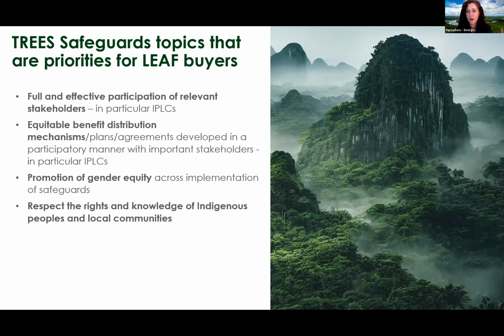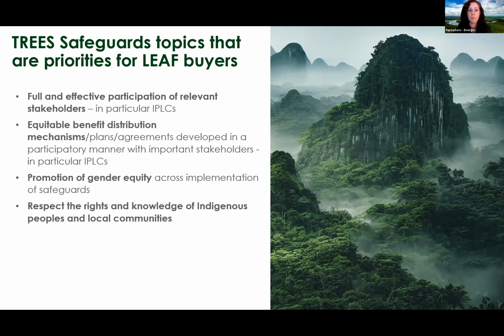So one is the full and effective participation of relevant stakeholders. This is something that is extremely important for all of the buyers involved, that Indigenous people in particular and local communities in particular are consulted and involved in the process and are broadly supportive of the program and initiatives.